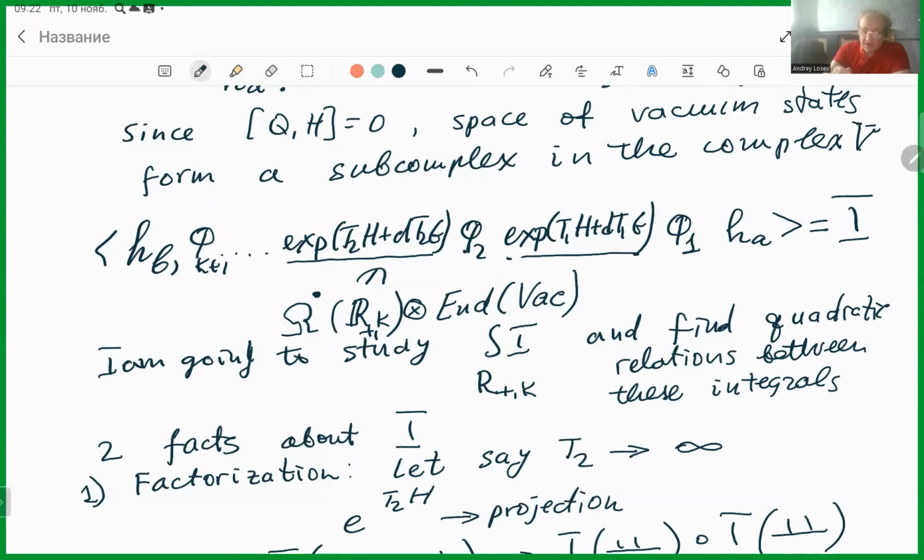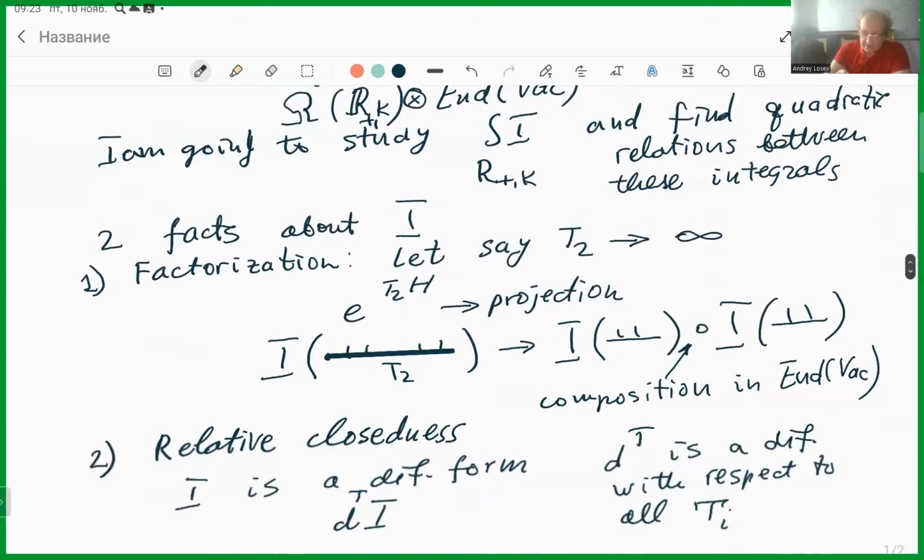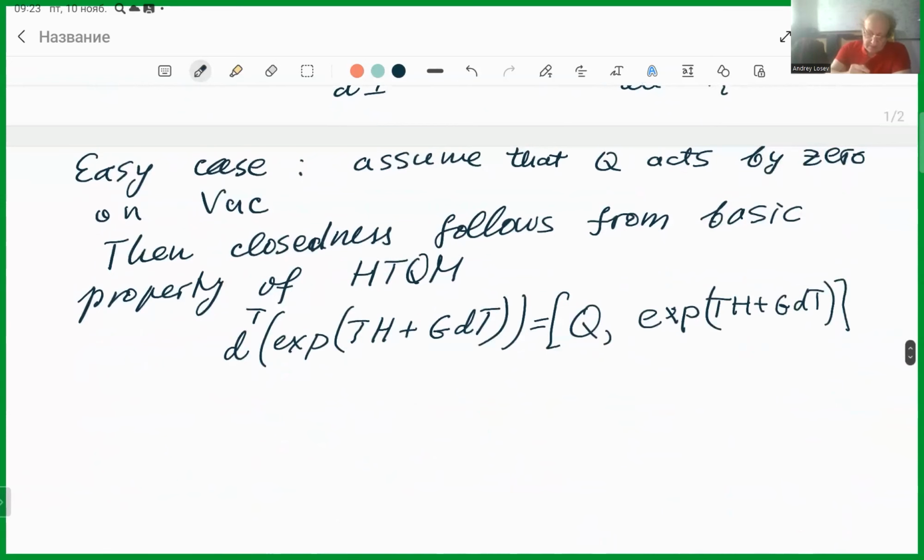They would act on phi, but phi are Q closed by definition. And they can also act on H's. But I'm working in the easy case. So in the easy case, d I is 0.